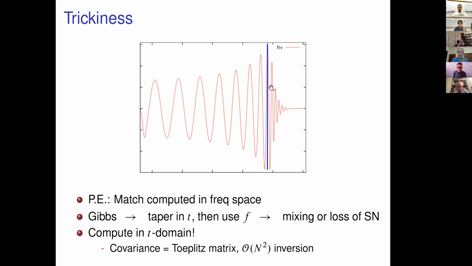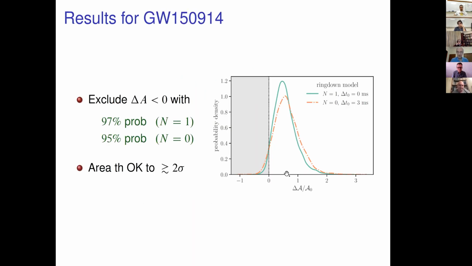So this makes it tricky to analyze. The answer is you just do the analysis in the time domain. And for those of you who are interested in how that's done, in the discussion section, I can explain why that's actually feasible on real data. So that's the point. You do this analysis separately in the time domain, analyze the inspiral, analyze the late part of the signal, and here's the result.